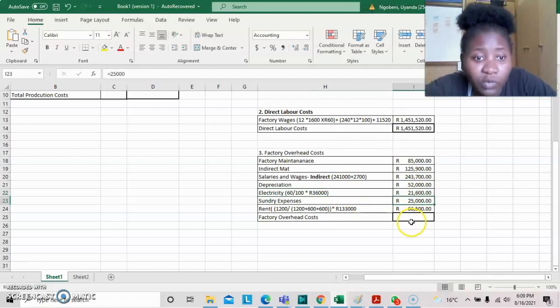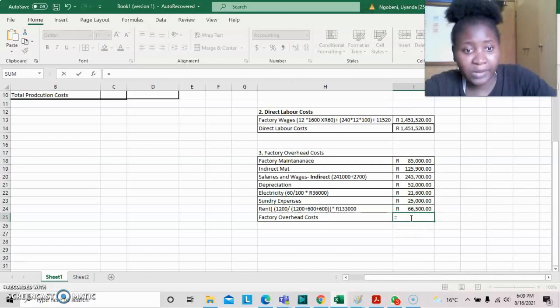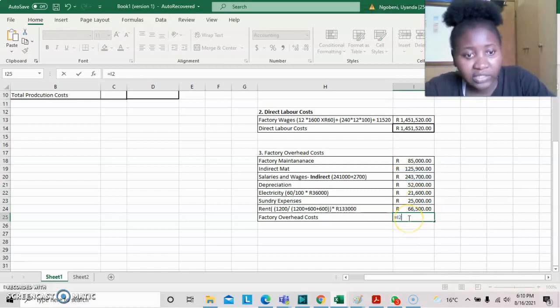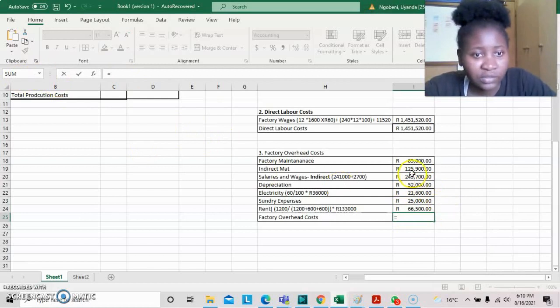Once you have all these amounts, your work now is adding everything together.